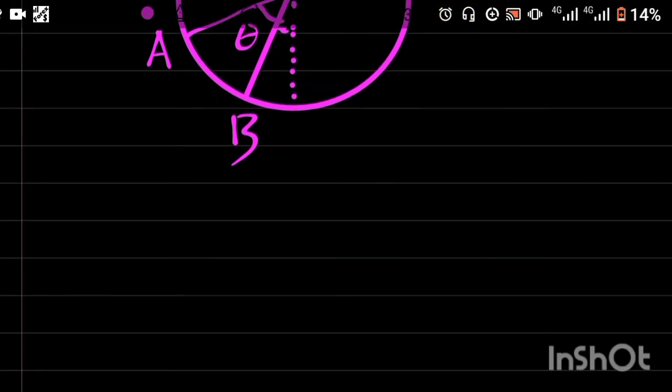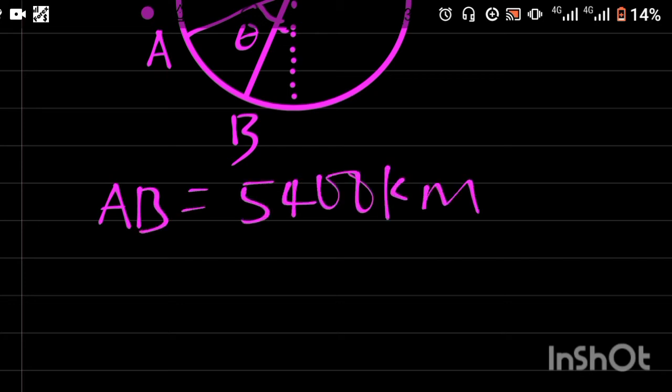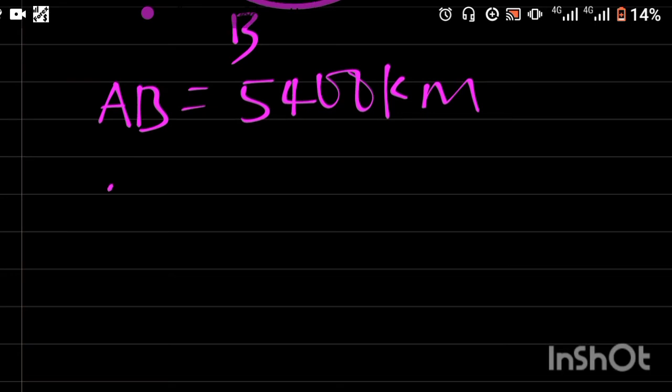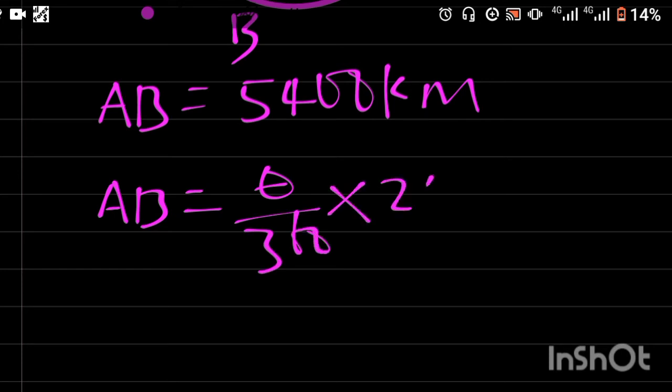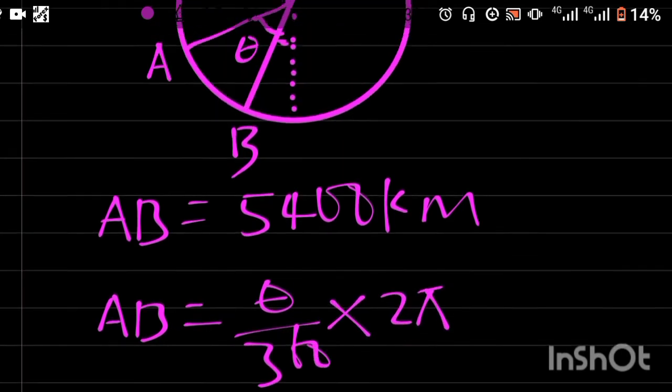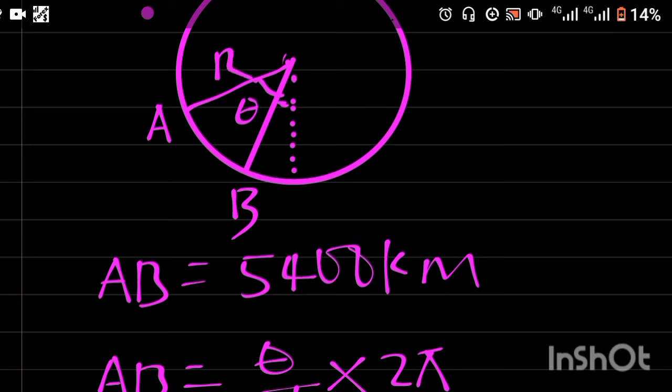Now, since I already know the distance between the two of them, AB is equal to 5,400 kilometers. Then the length of arc AB is going to be given as theta over 360 times 2 pi r. But the radius we are using here, since it is the equator we are talking about, the equator is a great circle.